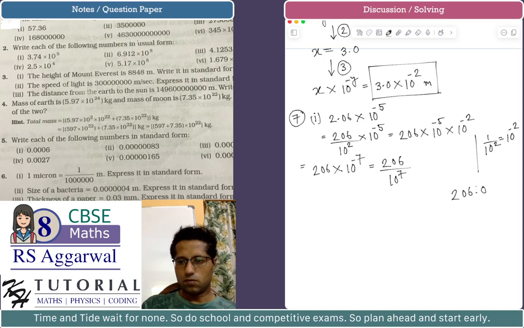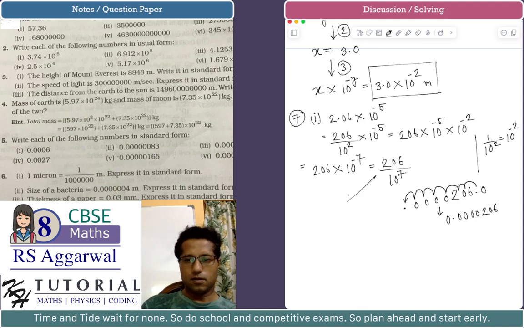So 1, 2, 3, 4, 5, 6, 7. This is the way I would like to do it. This will be the final position of the decimal point, and in between all the empty spaces there will be zeros. There will be 4 zeros. So after the shifting I have 0.0000206.